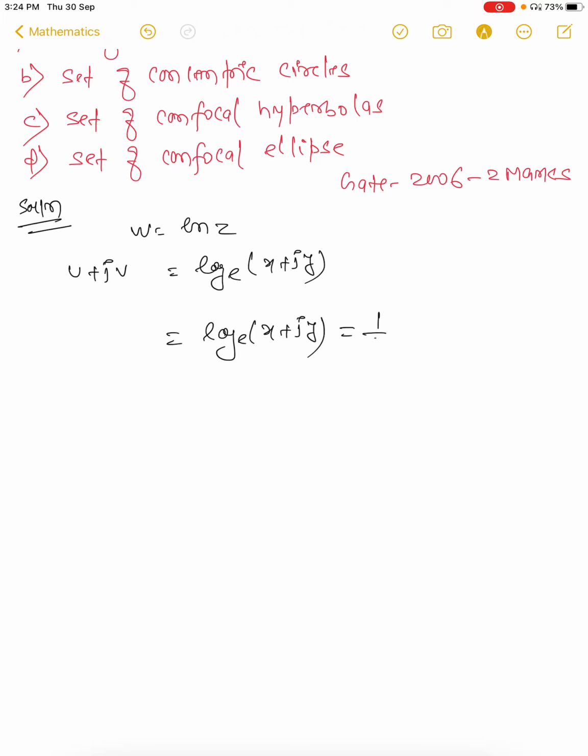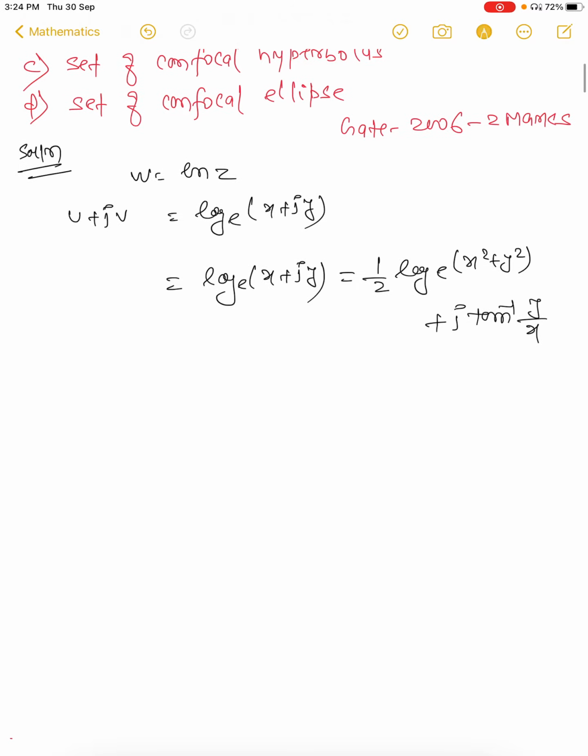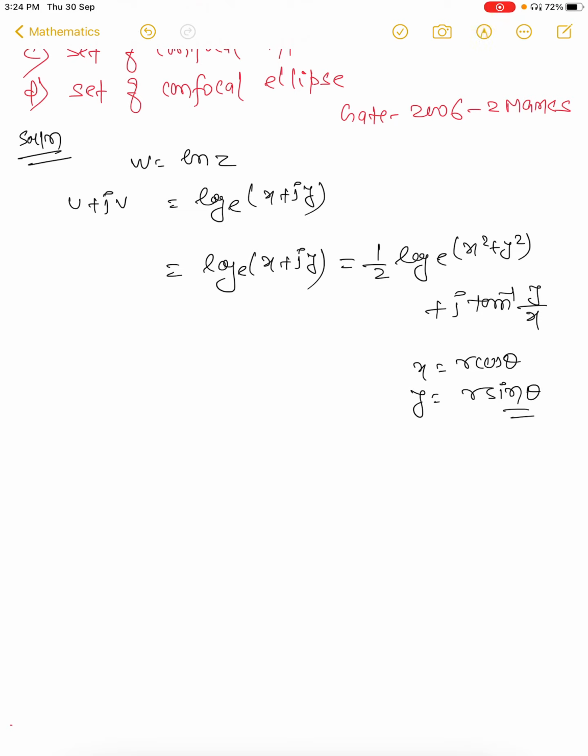We can write it as half log_e (x² + y²) + j tan⁻¹(y/x). Okay, and if you are having difficulty solving it, put x = r cos θ and y = r sin θ and simplify it. Then you will get the same thing.